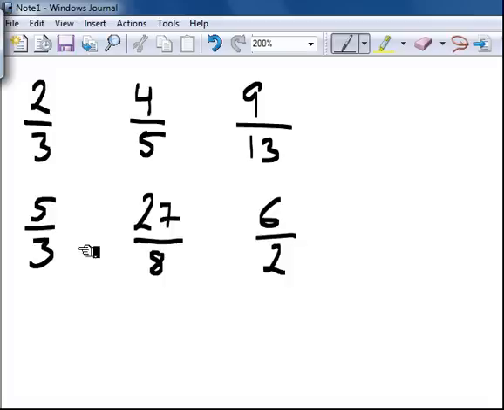These fractions are called improper fractions because this number up here is larger than the number down here. So 5 is larger than 3, 27 is larger than 8, 6 is larger than 2. So these fractions, the improper fractions, can be written as a mixed number.